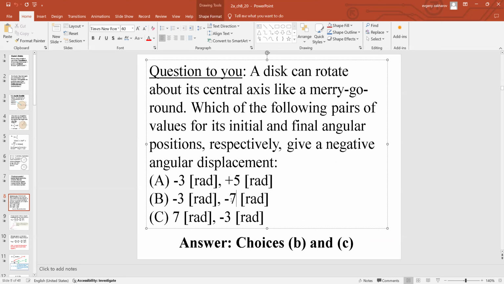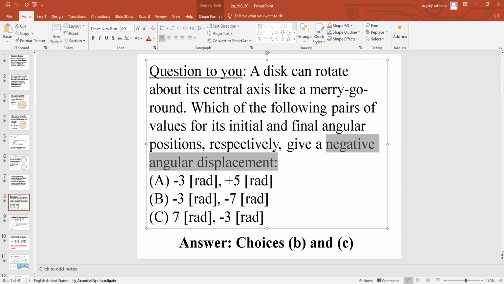From -3 to -7, it's -7, take away -3. That's -4 radians. That's a good value for a negative angular displacement. So option B, -4, satisfies the condition for negative angular displacement.